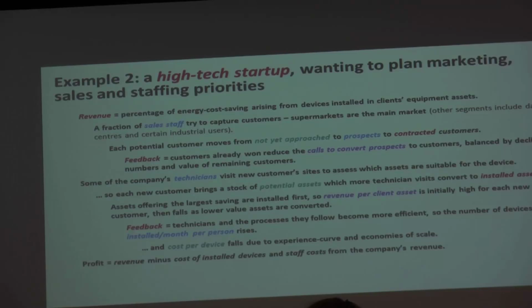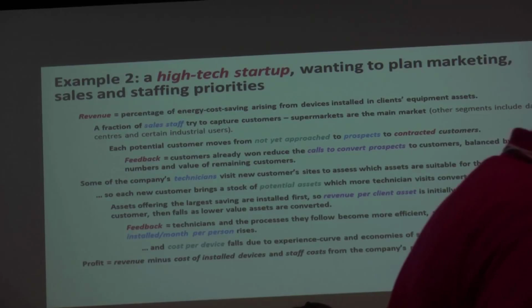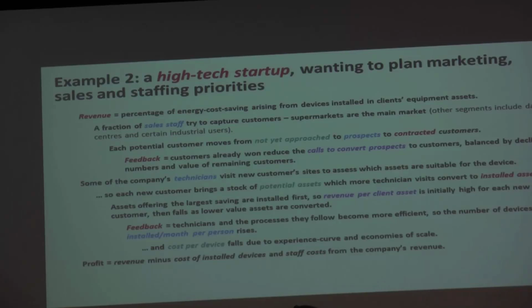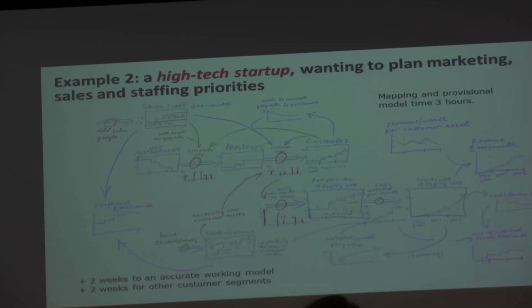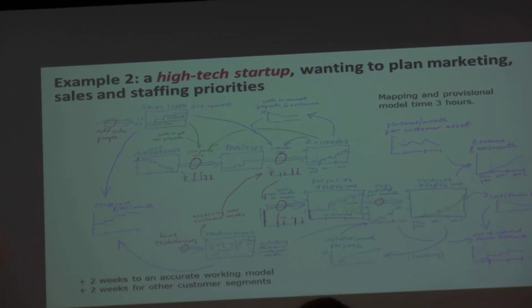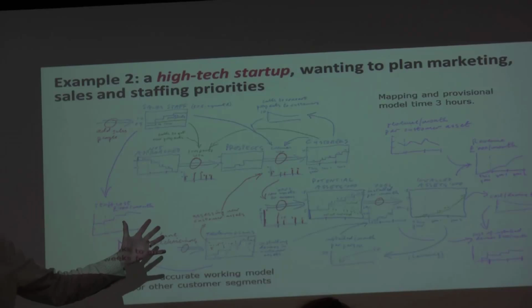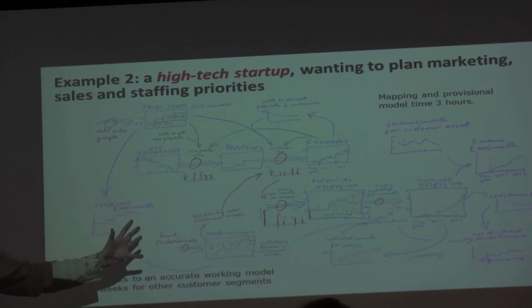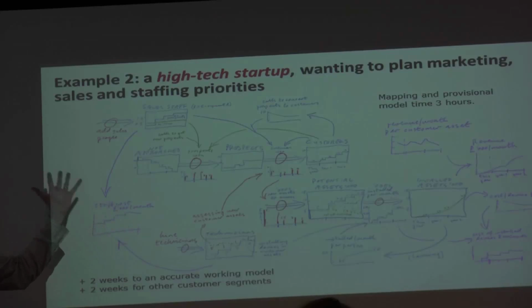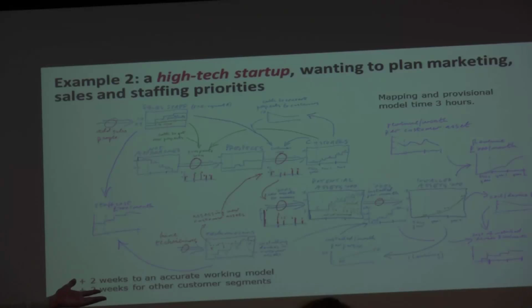What I'm going to show you next is the diagram that we did with the management team following this principle. Right, got it? So this is what we ended up with at the end of a morning. We allocated the whole day to this task, but we started at 9:30.